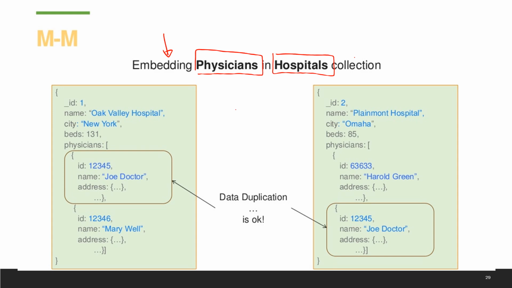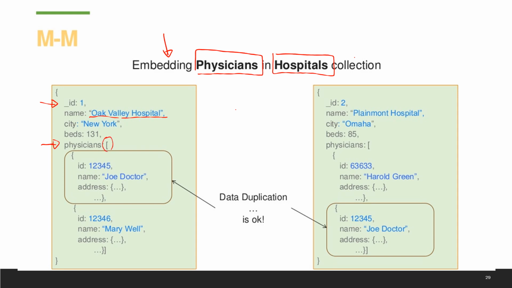This is for the document ID 1, which describes data about Oak Valley Hospital, and it has physician. Here, the physician field is an array.